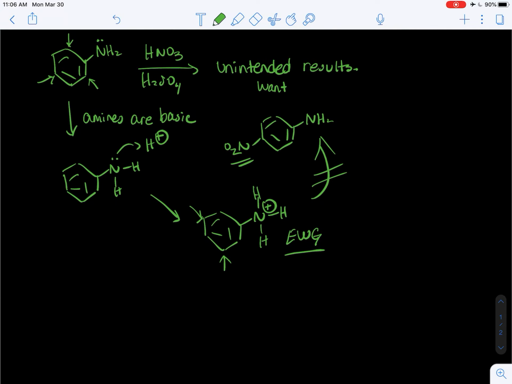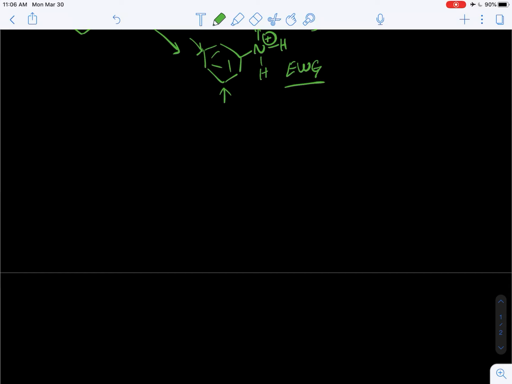So what we need to do when we're dealing with anilines is do the following sequence. Take aniline, acetylate it with acetic anhydride, and what this does is reduces the reactivity slightly, but because of the lone pairs here on the nitrogen, it's still an ortho-para director.